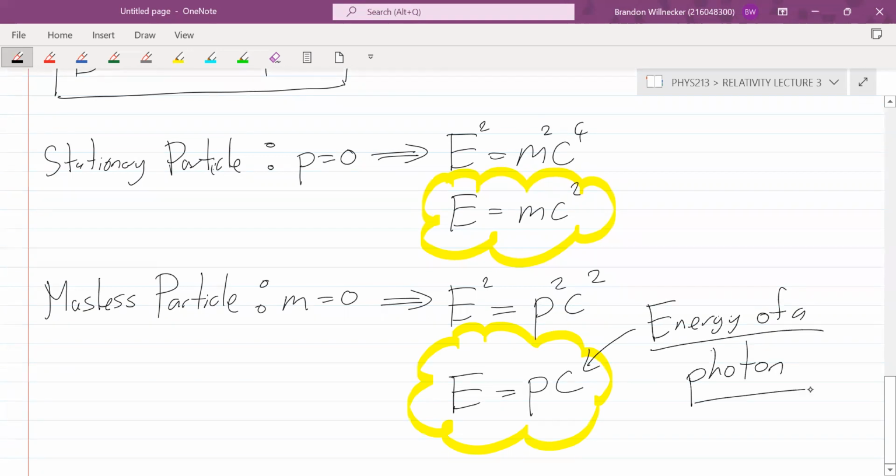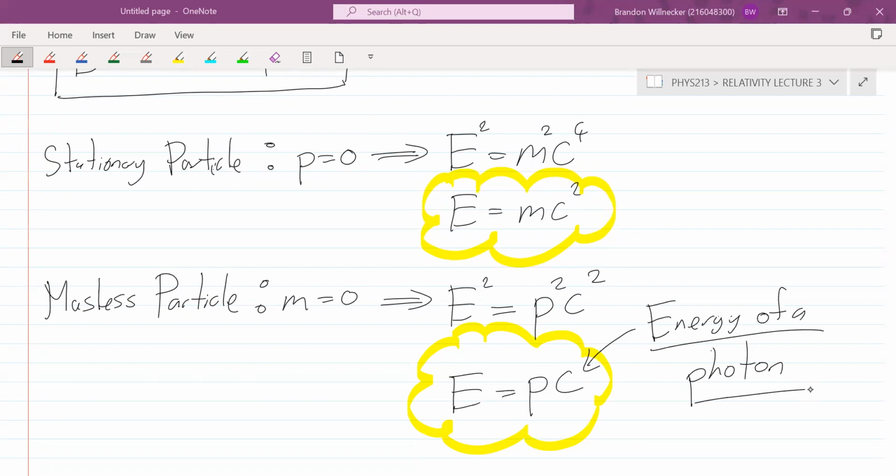Okay, but it's not just a photon, any theoretical massless particle would have this energy momentum relation, E equals P times c. So we see that for a photon or a massless particle, the energy is linear with respect to momentum. It's P times c.